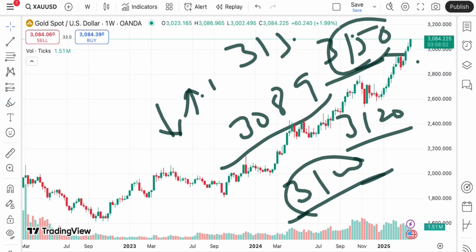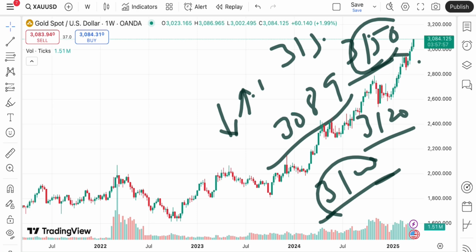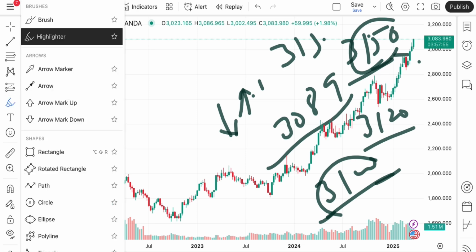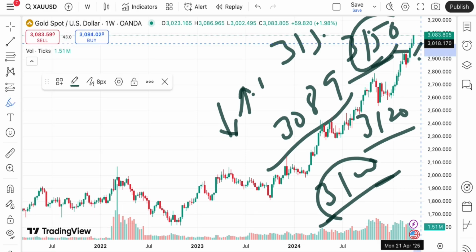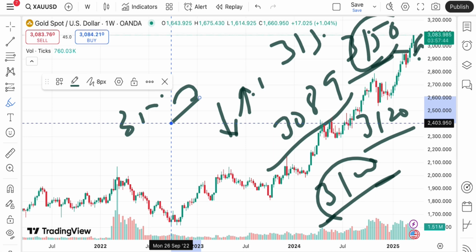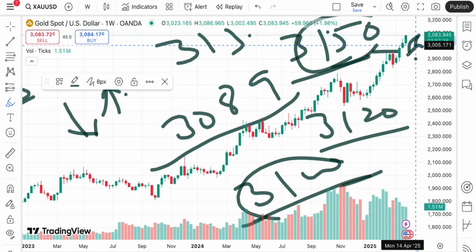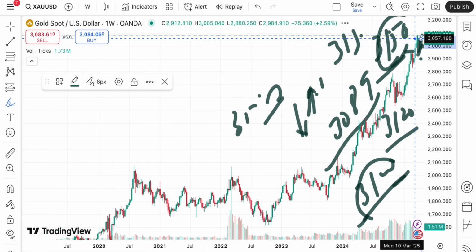These are assumptions we can see, based on the weekly chart. If you look at this weekly chart, you will see that after making a low of around 3000, this week it made a high of around $3083. The full week it has moved around $80 or $85 or $89. So the probability can be high next week also.